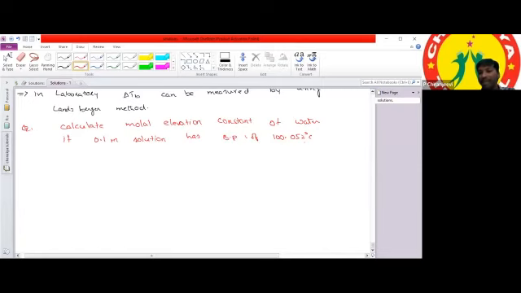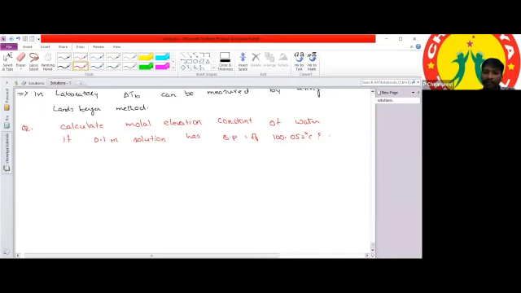Okay. First of all, what is the data they have given? All of you read the question. What are the values they have given? What is the formula, and what are the values they have given?